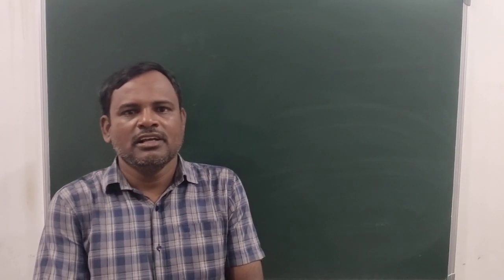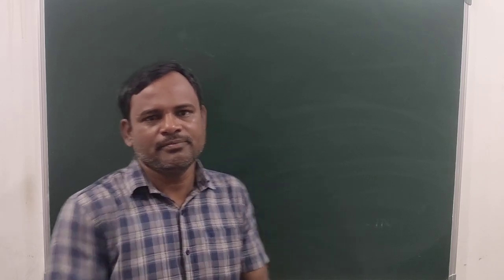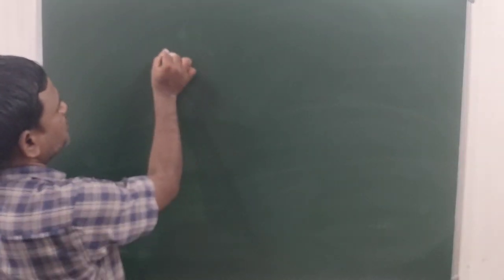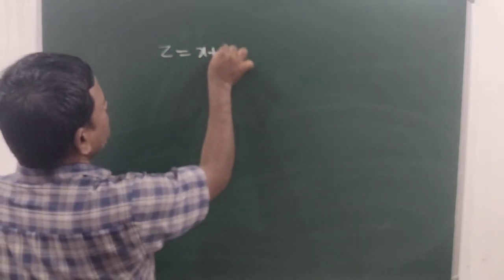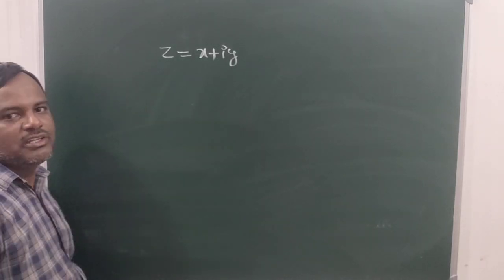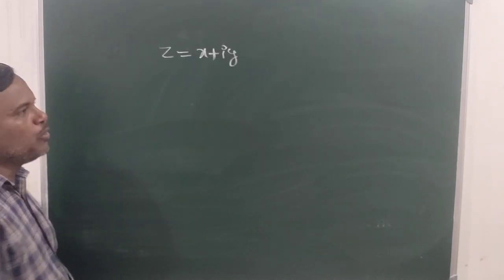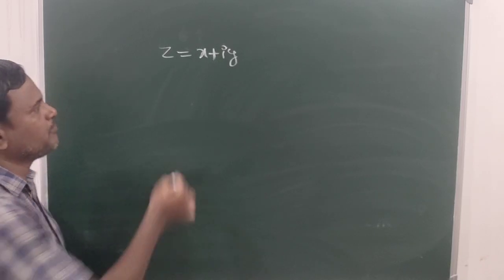In this class, now I would like to explain you nth root of a complex number. Let us assume a complex number z is equal to x plus iy. Convert this complex number into the polar form, or you can call it modulus amplitude form.